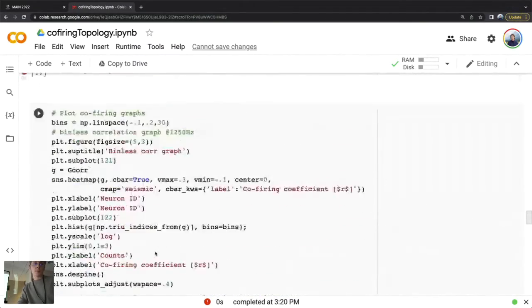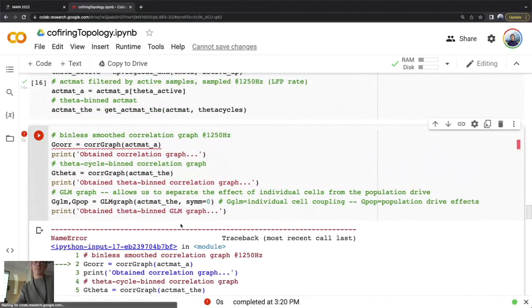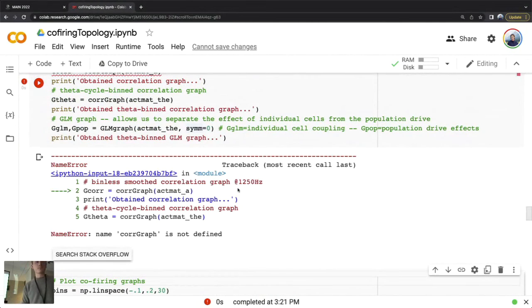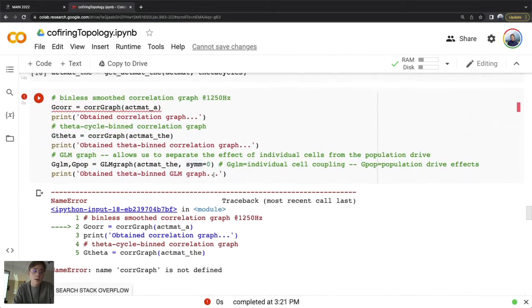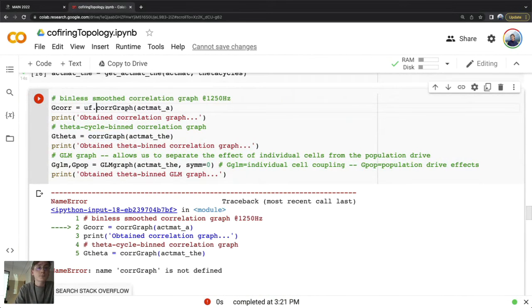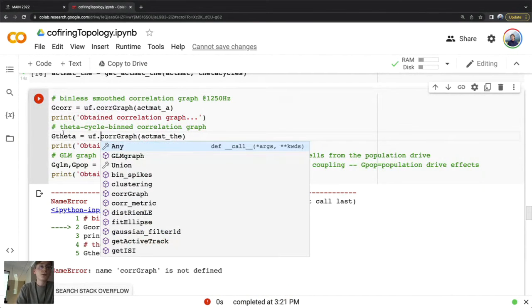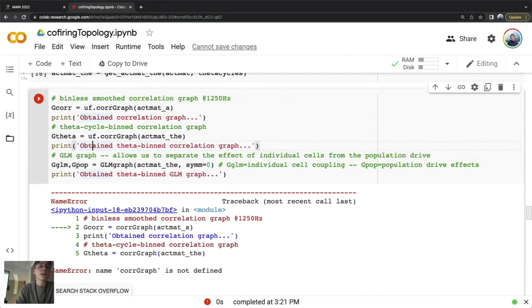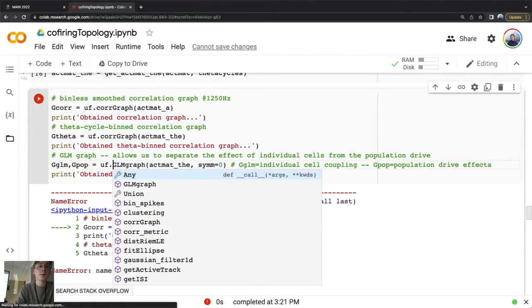I just wanted to compare three different ways of obtaining it. It's not defined, so I'm just going to take it from the function. I have a backup py file which should have all these functions inside, so it shouldn't be a problem.